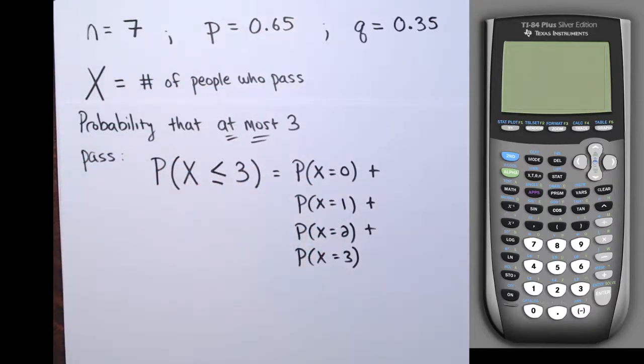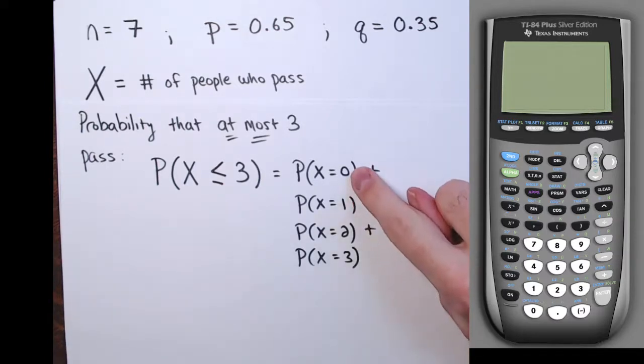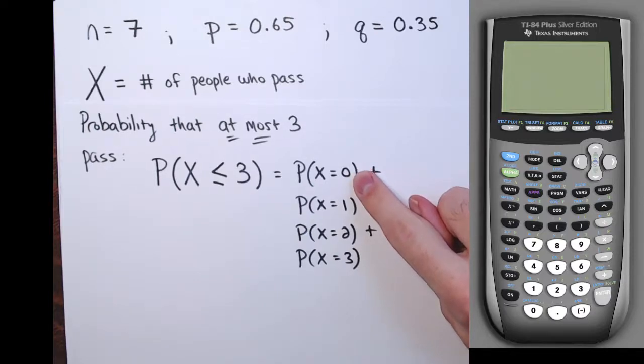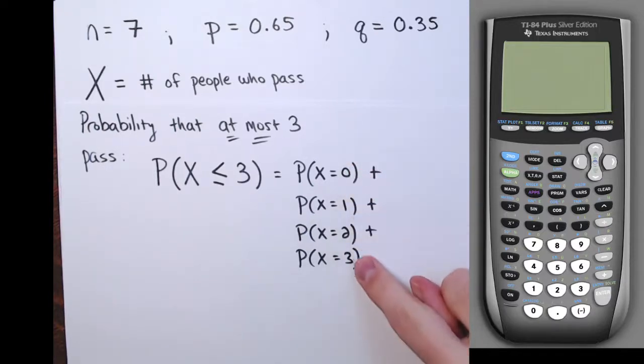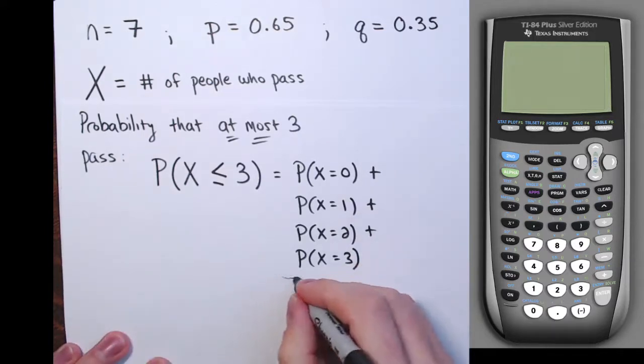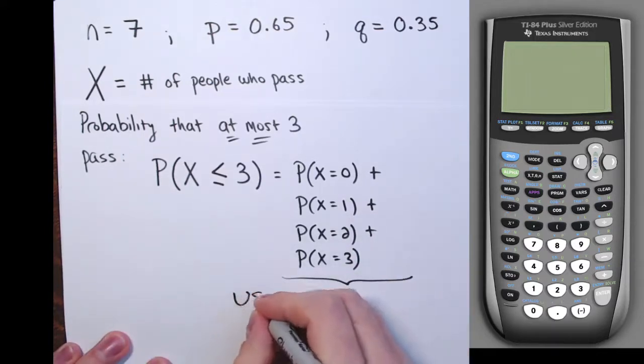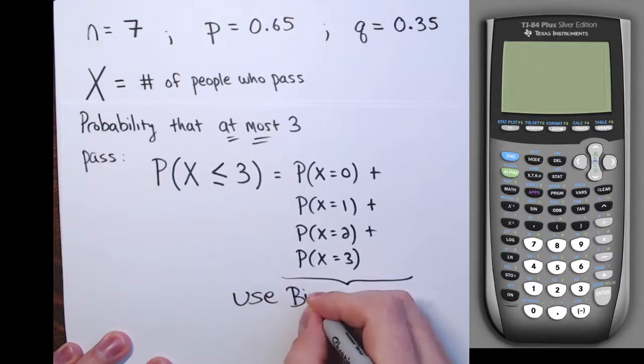You could add all 4 of those up, but that would take a long time. That would take a while. When you're adding up probabilities starting from 0, you go from 0 to some number of successes, use that binom CDF on your calculator.